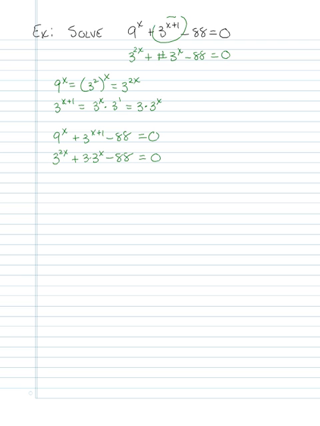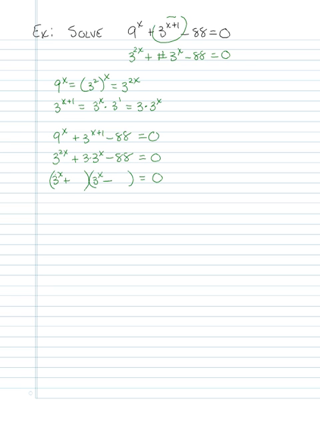So we could certainly imagine trying to factor this left side. We would have 3 to the power x times 3 to the power x. That would create 3 to the 2x power. And as we did a moment ago, we'd have a plus in one position and a minus in the other.